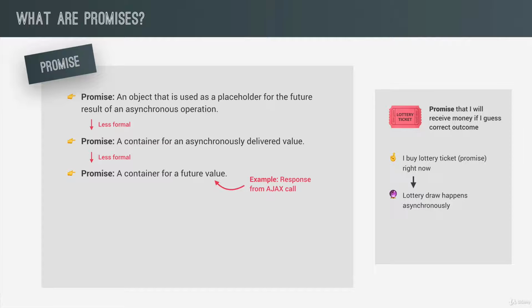So of course, I don't have to drop everything and keep waiting until the lottery draw happens, right? Now, in case I did get the correct outcome, then I will receive my money, because I have my lottery ticket, which is the promise that I bought.